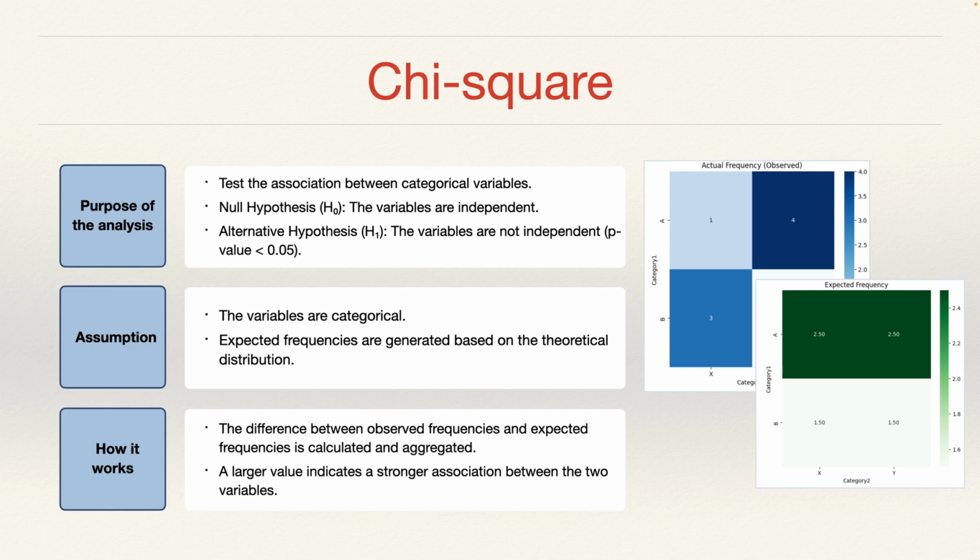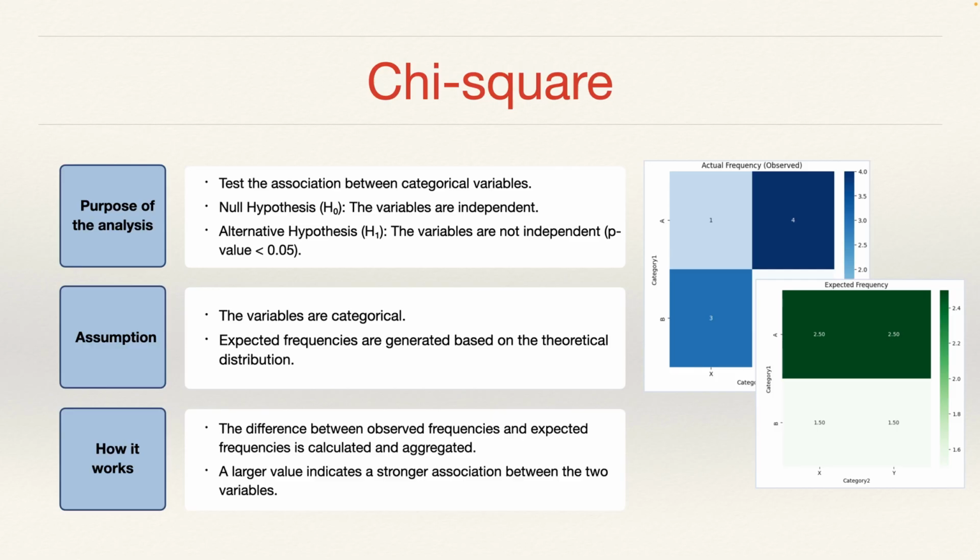And in the expected frequency table, we show how many observations would fall into each cell if the features were independent. This table is created without looking at our data. In the actual frequency table, which is the one behind, we calculate how many observations actually appear in each combination of categories. This table is based on our data.